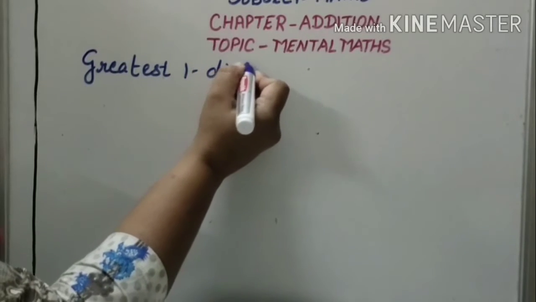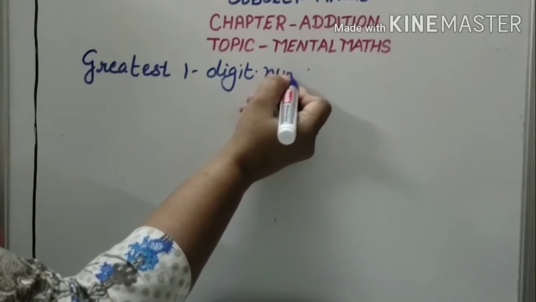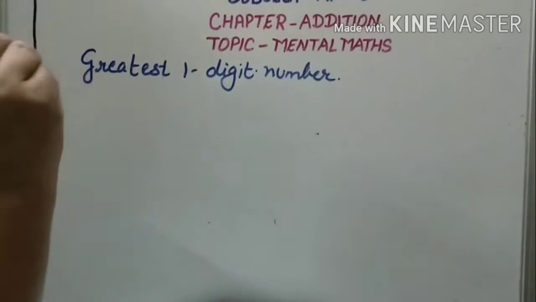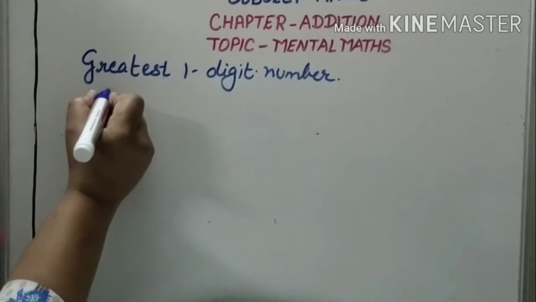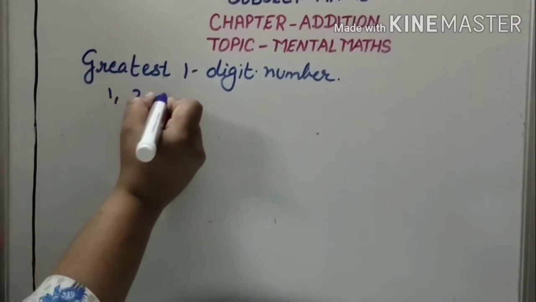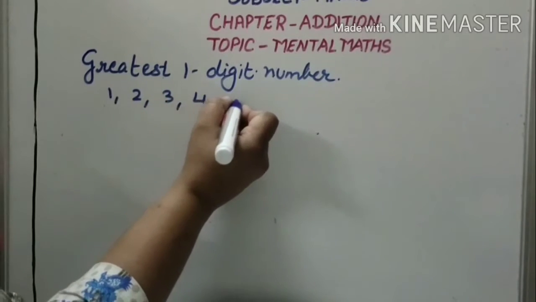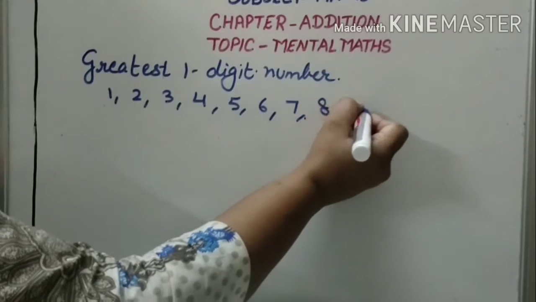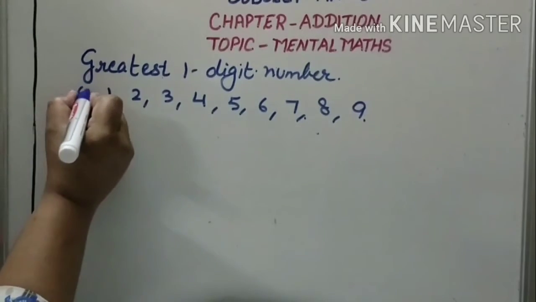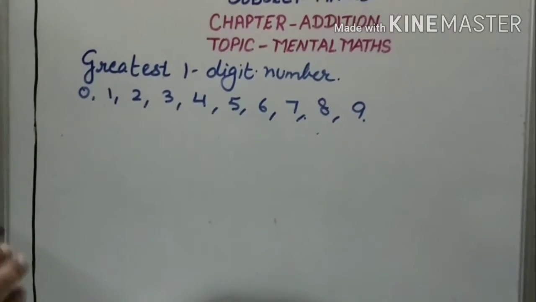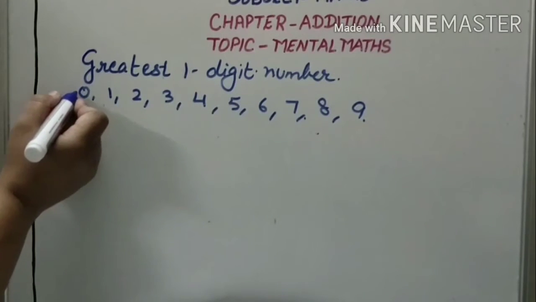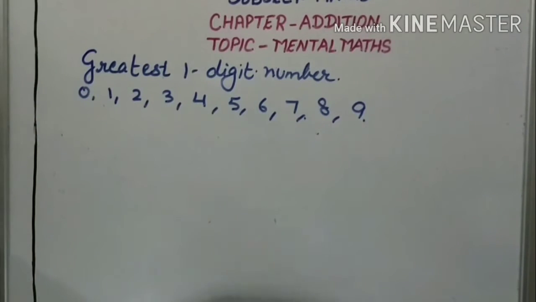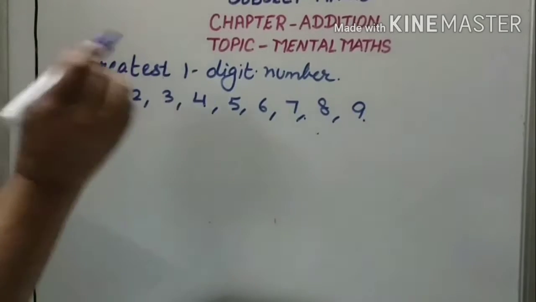Which is the greatest 1-digit number, children? A 1-digit number starts from 1, 2, 3, 4, 5, 6, 7, 8, 9, and 0 has no value, it has value only after a digit comes before it.